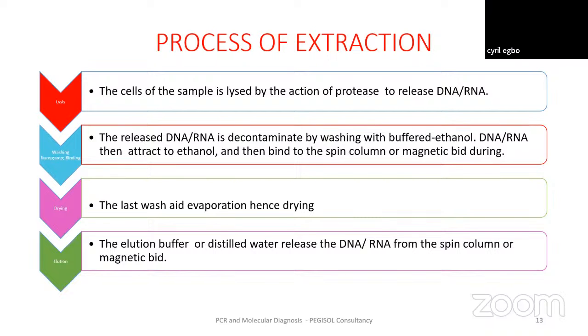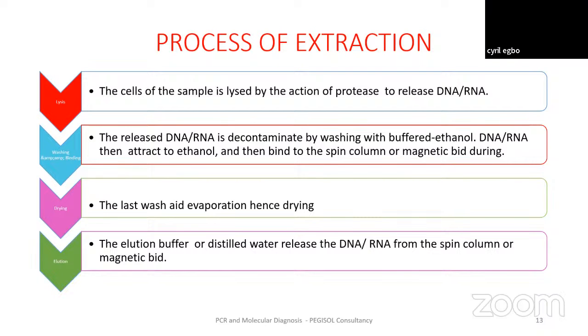The first stage is the destruction of the cellular structure of your sample, which means a disintegration or lysing of your sample to release the DNA. The second stage, washing and binding, is the separation of your DNA from the contaminants, because as the reagents disrupt the cellular structure to release the DNA, the other part of the sample contains protein and other material which is not needed.